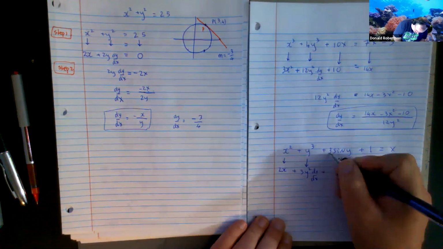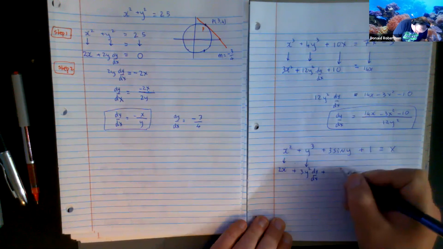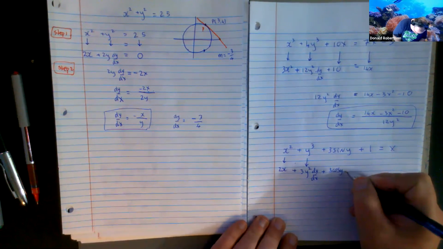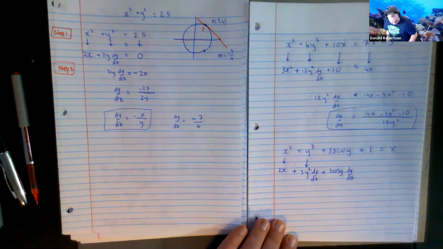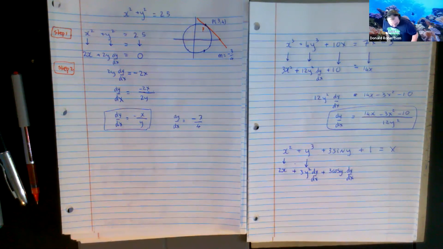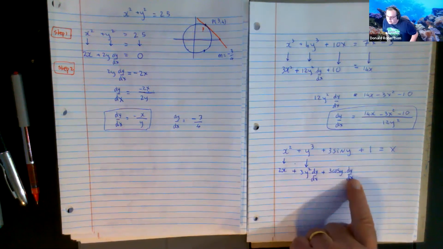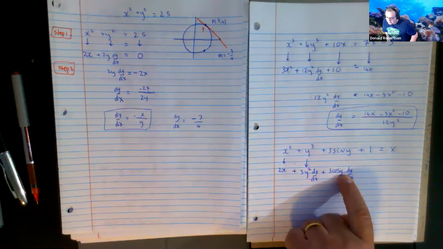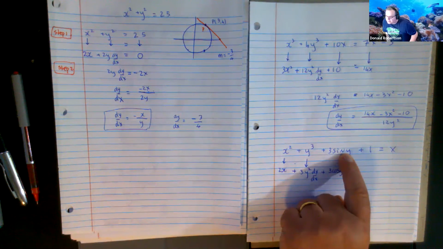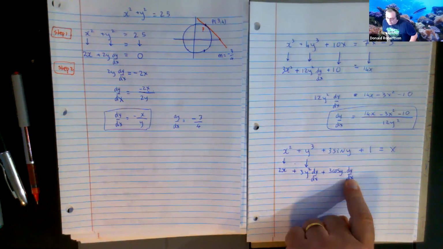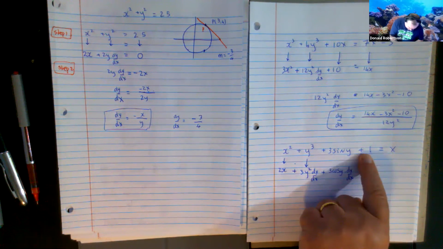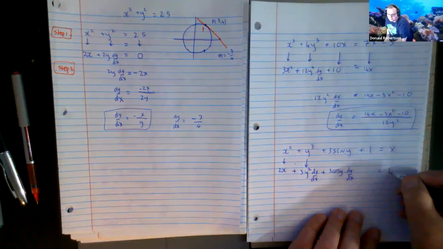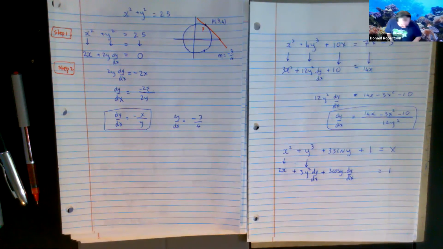If you differentiate 3 sine y, you will get 3 cosine y times dy by dx. Do you notice that when you differentiate that and that, the dy by dx is at the end each time? If you differentiate anything with a y, remember to finish with the dy by dx. Now, if you differentiate the number 1, you get 0, so I won't use that. And if you differentiate an x, you get 1. So that's basically step 1 done.